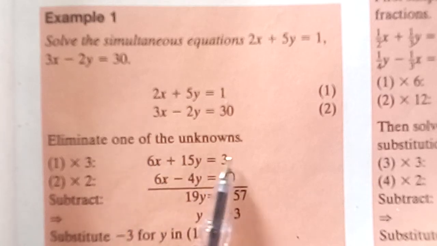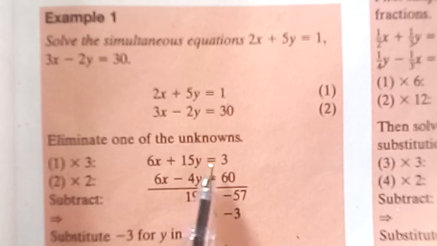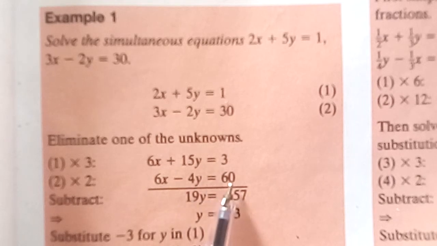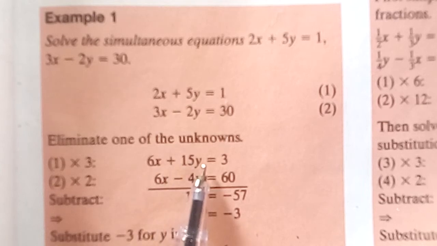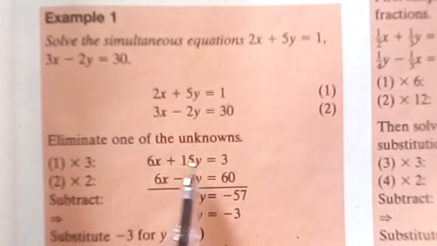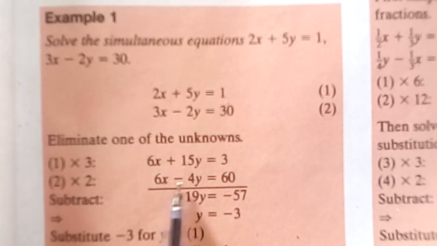So we subtract this from this, this from this. 3 minus 60 will give us minus 57. 15y minus minus 4y, don't forget that minus times minus will give us plus, sorry. So 15y plus 4y will give us 19y equals minus 57.